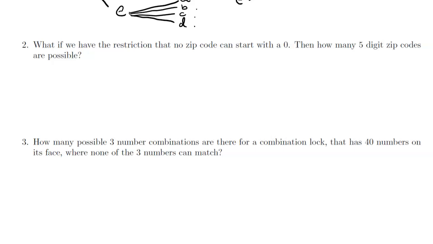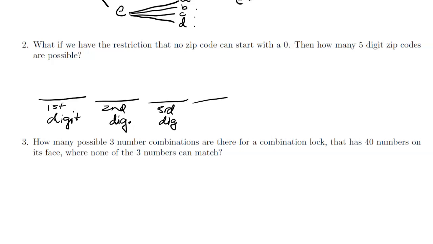But again, we can think about how many quote-unquote events there are in this, and it would be 1 for each digit of the zip code. So we would have a first digit, we'd have a second digit, third digit, fourth, and fifth.